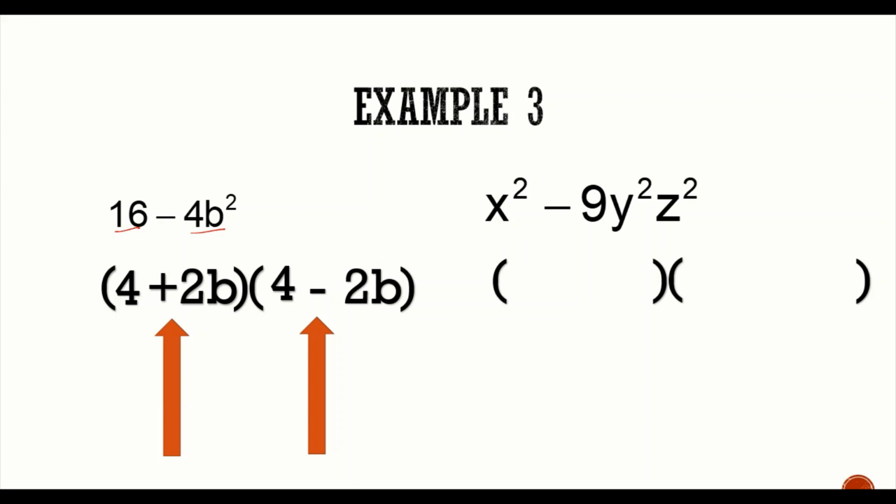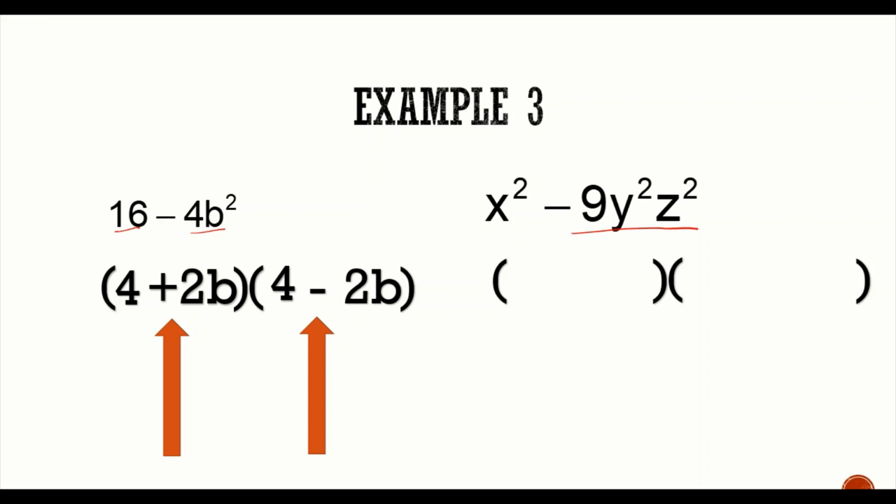Finally, you have another difference of two squares. No matter how long the term may be, all you need to focus on is: is it a square? 9 is a square, y squared is a square, z squared is also a square.